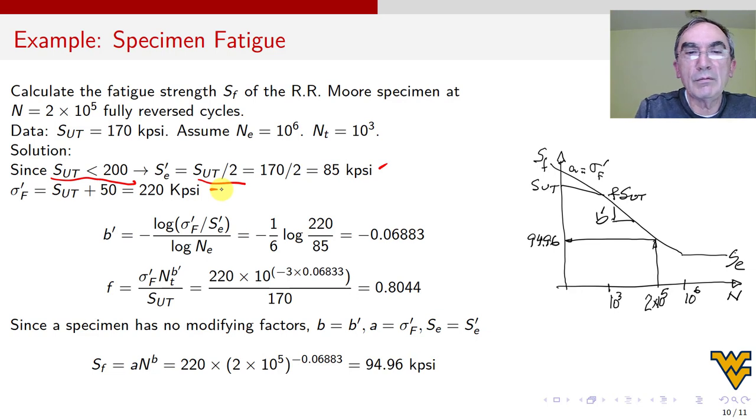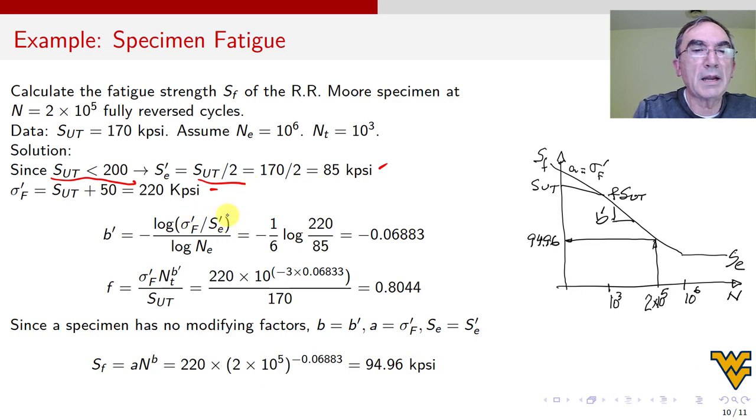Then I use the two formulas that I derived. B prime is minus log of this ratio, divided by this. Of course, this NE being 10 to the 6, the log is 6. So it is minus, and log of the ratio of sigma F prime, which is 220, divided by SE prime, which is 85.